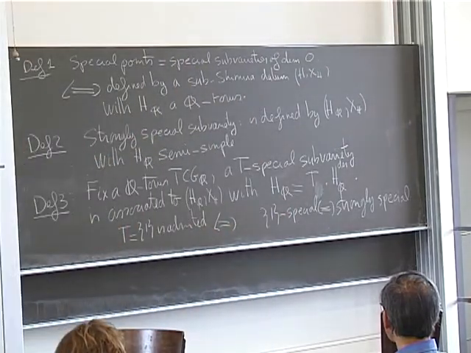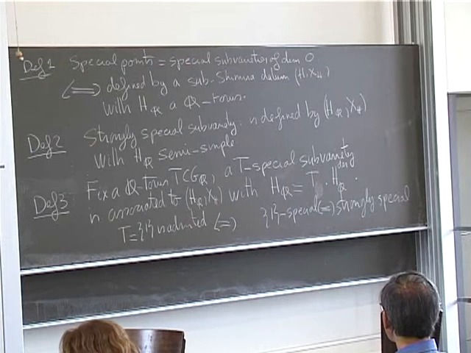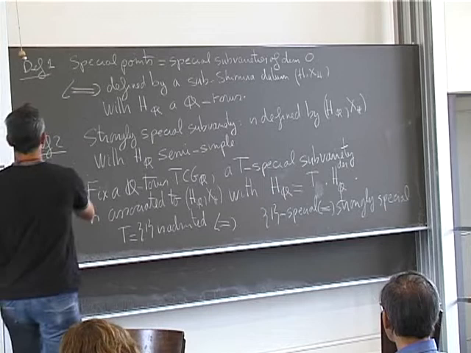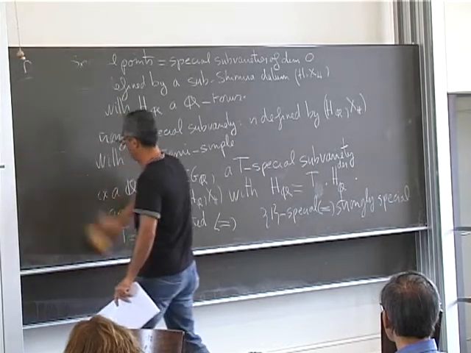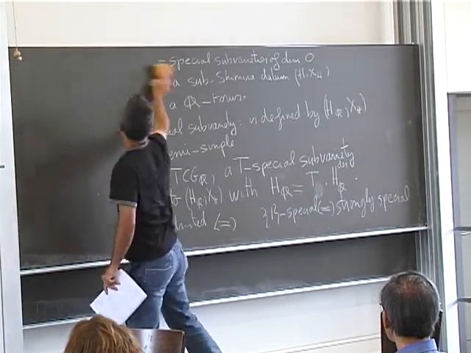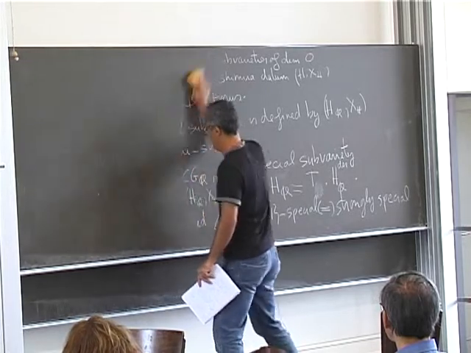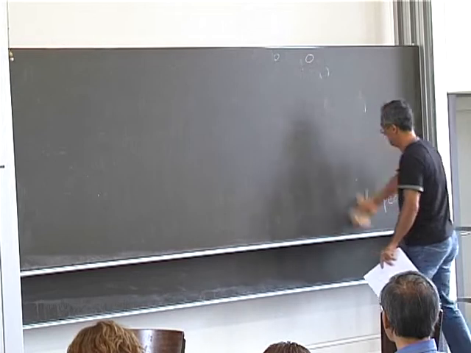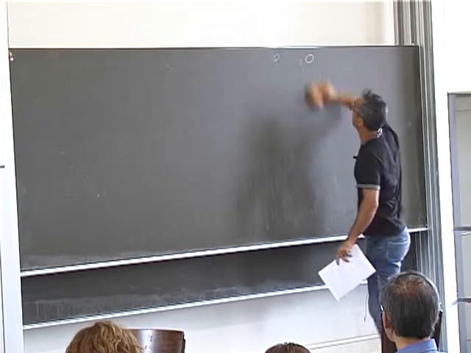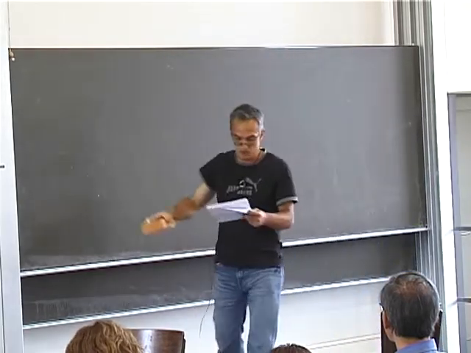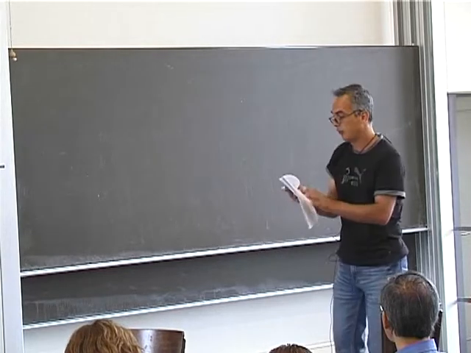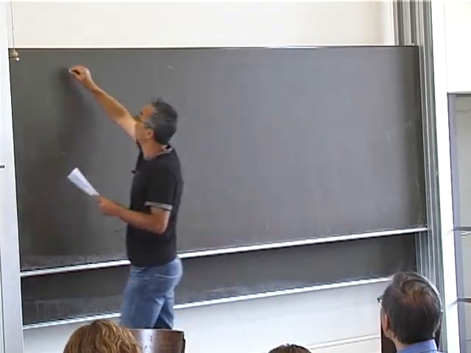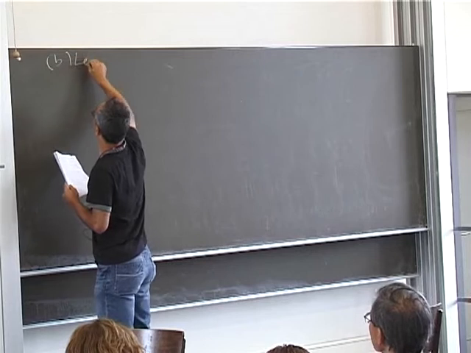Okay, so until now, I still have a second definition to give for defining this class H. So the second property is the following.